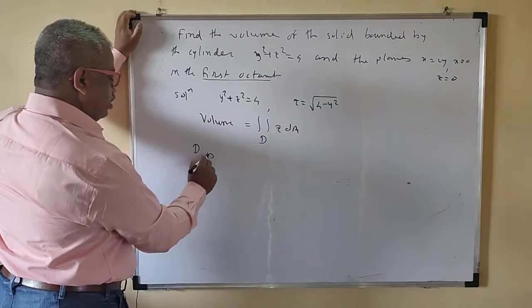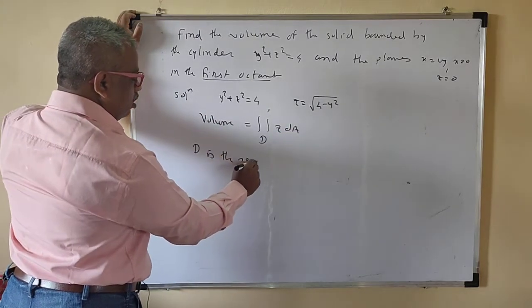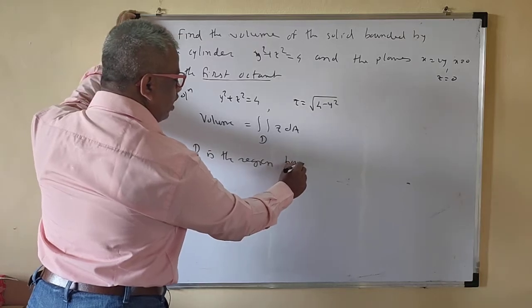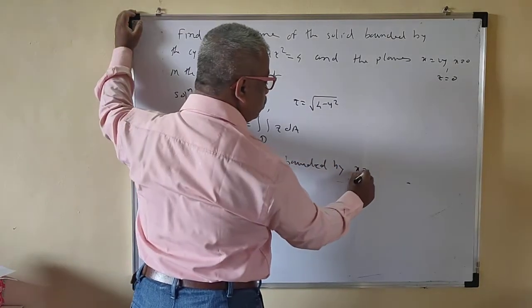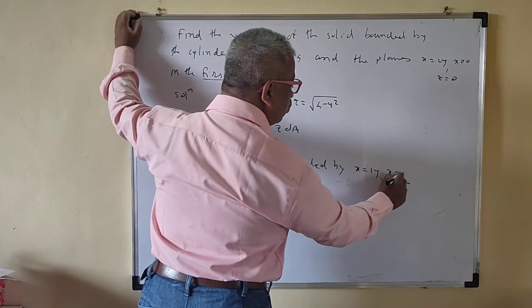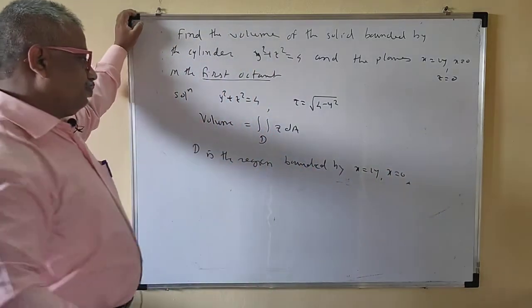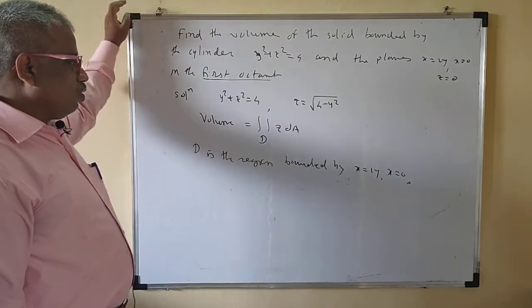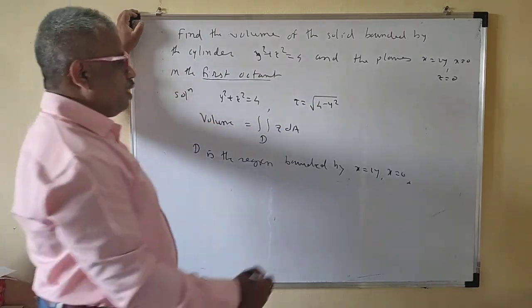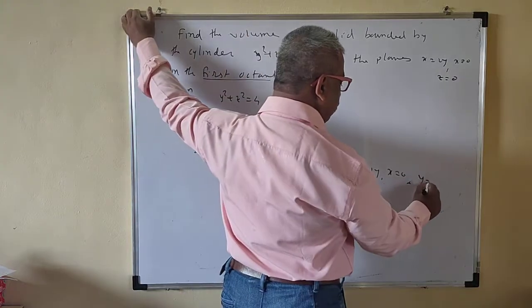So D is the region bounded by x is equal to twice y, x is equal to 0, z is equal to 0. Z is equal to 0 means y square is equal to 4, so y is equal to 2.